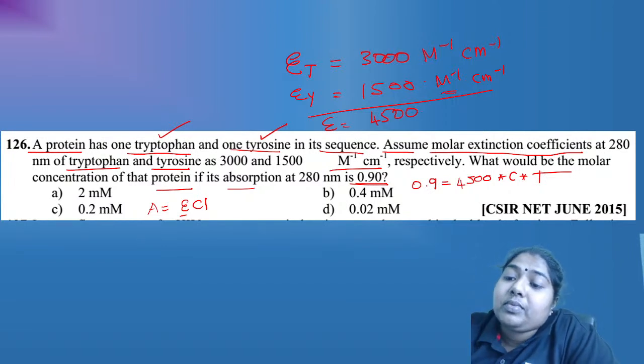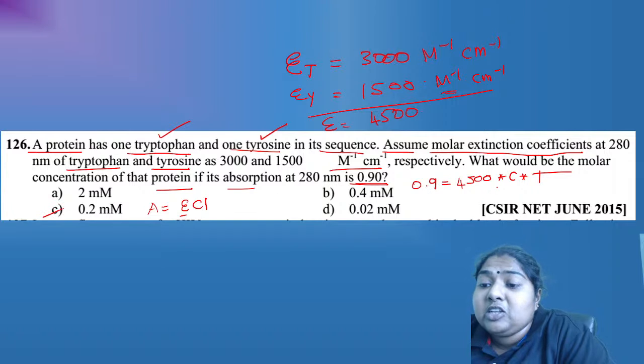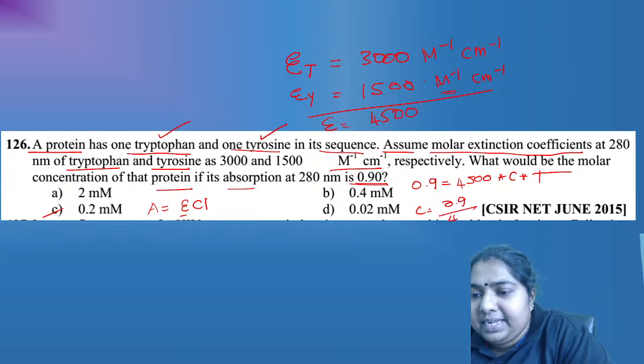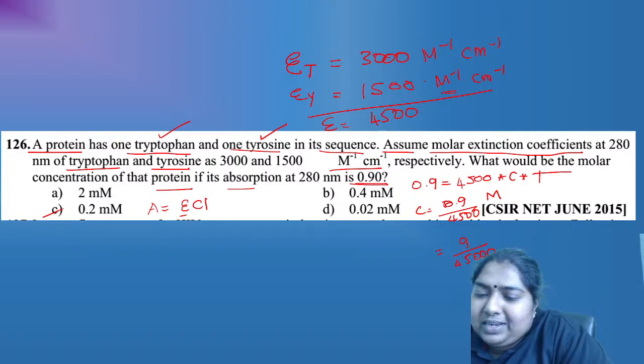Okay, right, fine. So now, everybody is right. So now what is going to be the C? C is equal to 0.9 divided by 4500. This will be in M, correct? But now if you want to divide it, it is going to become like 9 divided by 45,000.